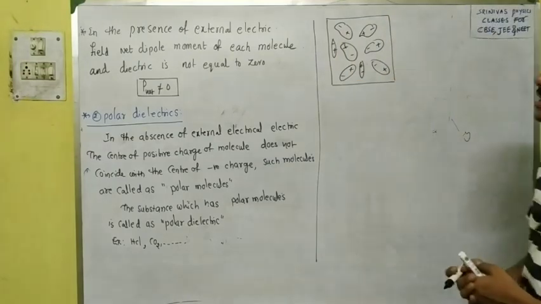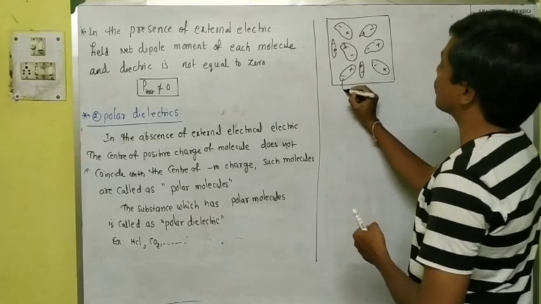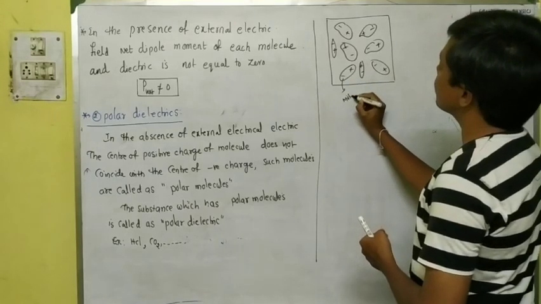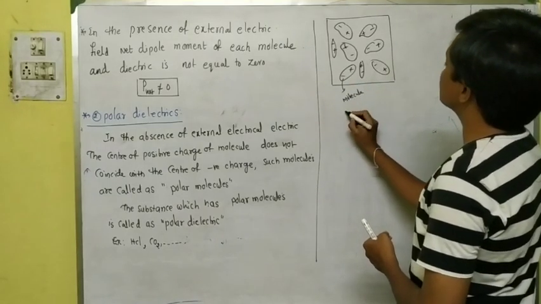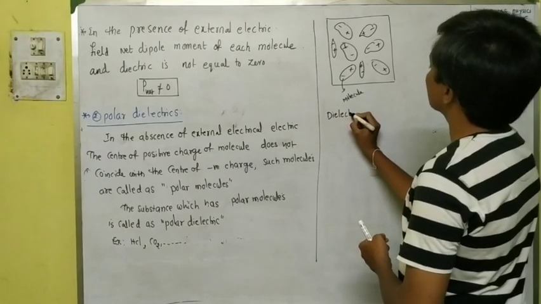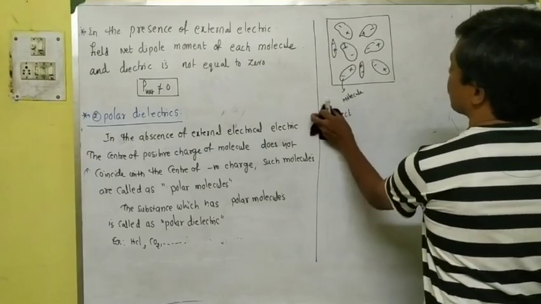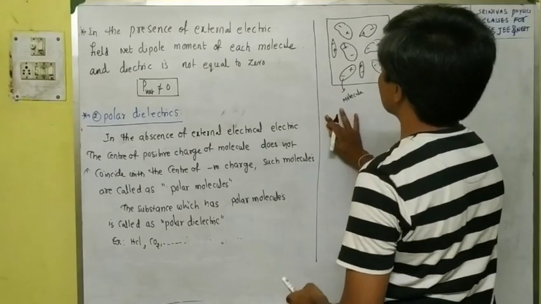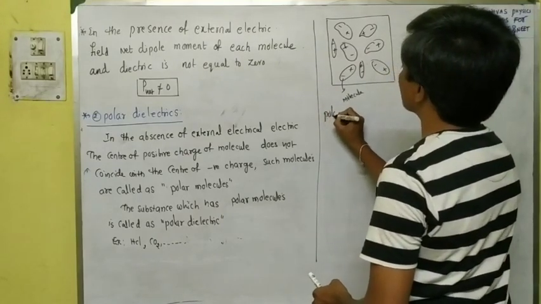There is some separation between the charges. This is one molecule, and this is dielectric. Which dielectric is it? We are discussing the polar dielectrics now.